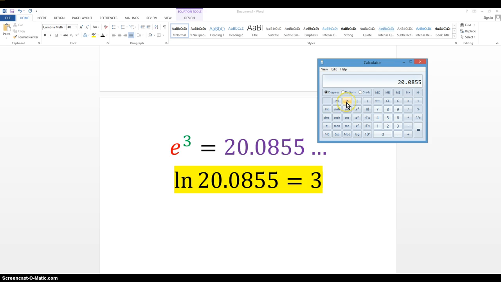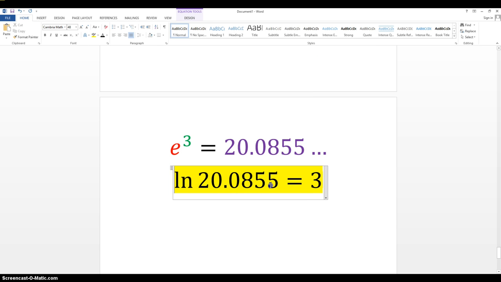If I do that, I get 2.999998161701. So y'all should have gotten something like that. And of course, that rounds to what value? 3. So it seems pretty reasonable that this is our correct answer.